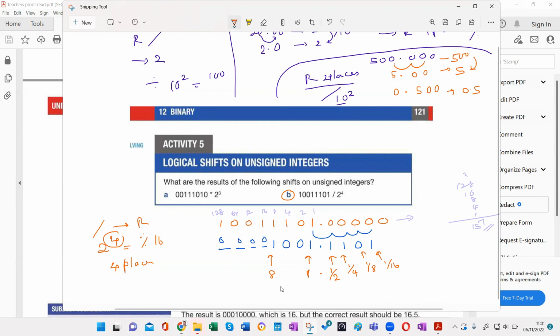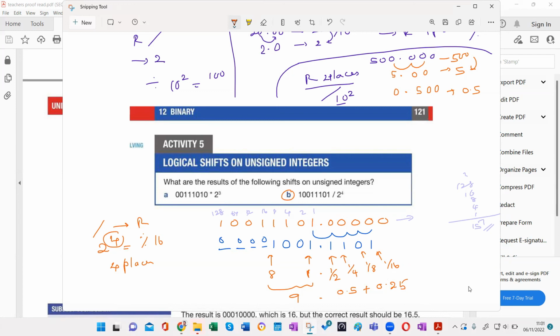So here we have 8 and 1. That's going to be 8 plus 1, which is 9. Then the dot. We have 1/2, that's going to be 0.5. We are going to have 1/4, that is going to be 0.25. We don't have 1/8. We have 1/16.